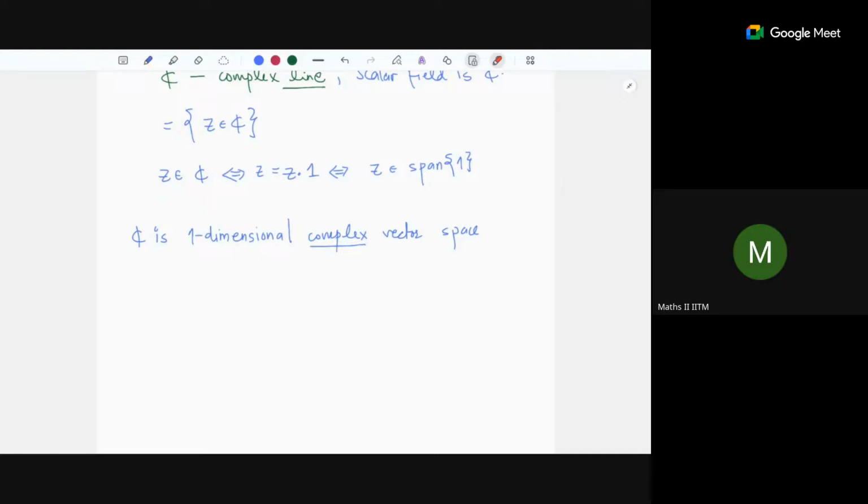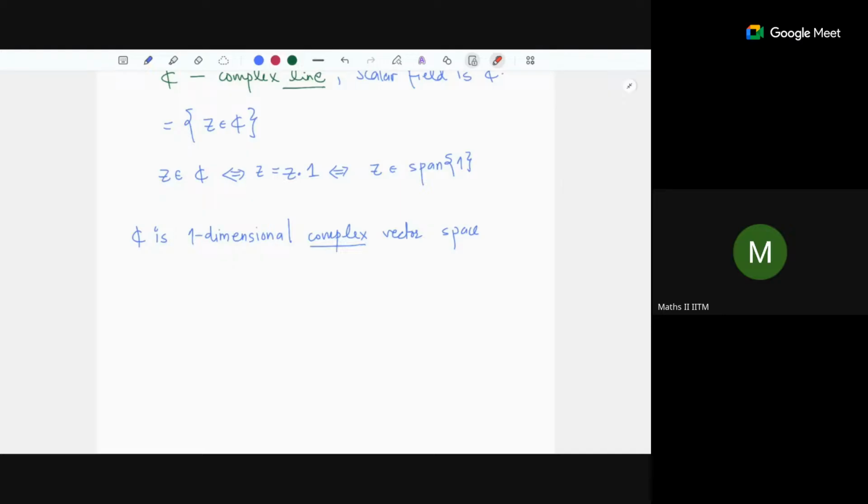Do the definition, do some examples of complex vector spaces, solve some exercises. I think it is covered in the very first week. So please go back to those lectures and those notes, and try to recall all these things. Then we can have our discussion on Friday.